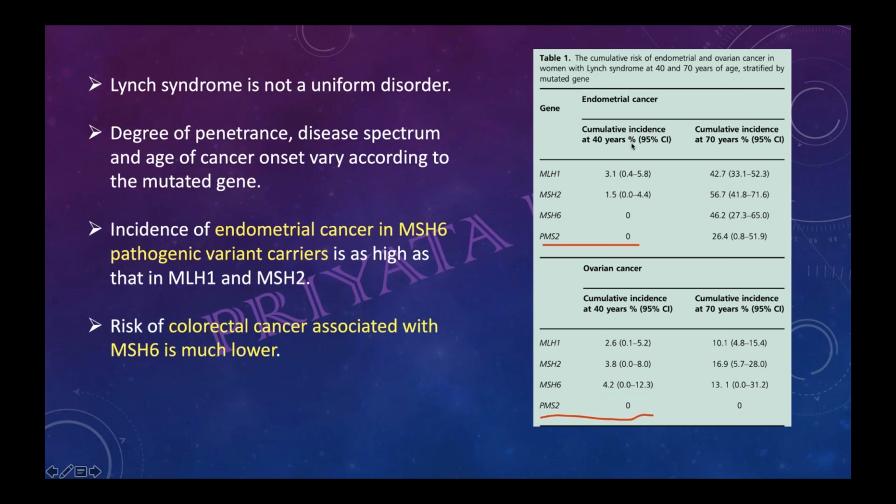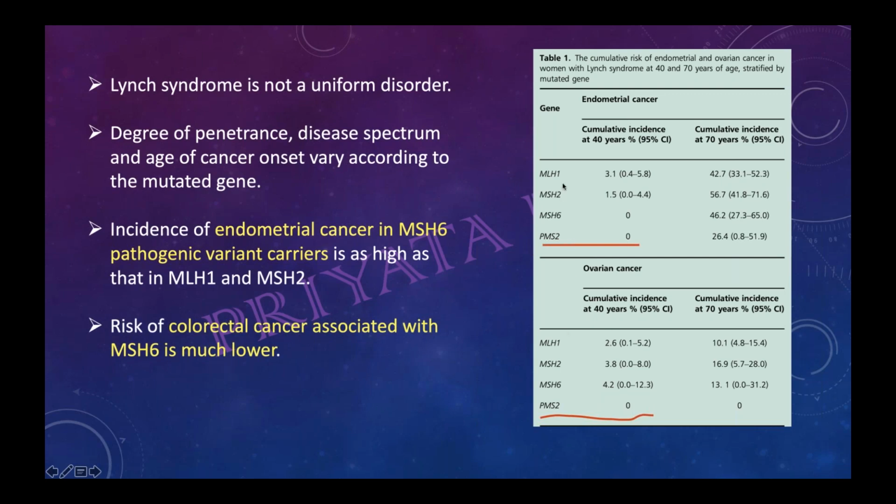Now this table will explain. If you see endometrial cancer, usually MLH1 is present in most of the cases. MSH2 is also present in the cases, and MSH6 may be present in some cases, but PMS2 is the least common variant present in endometrial cancer.